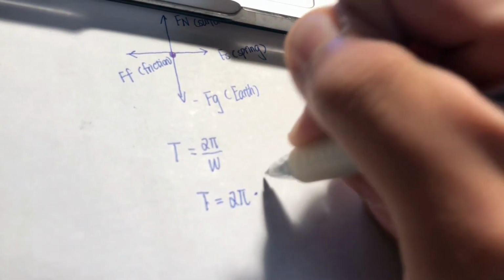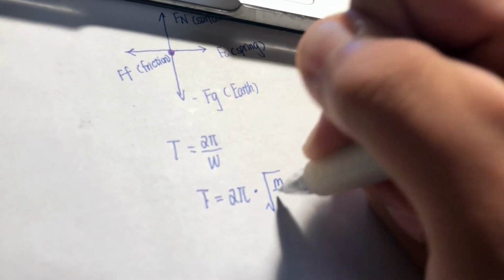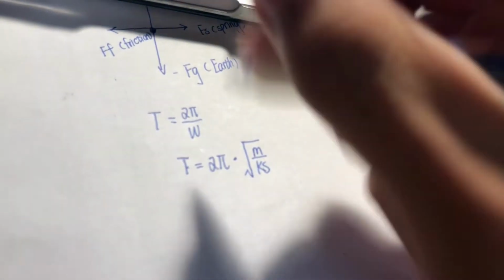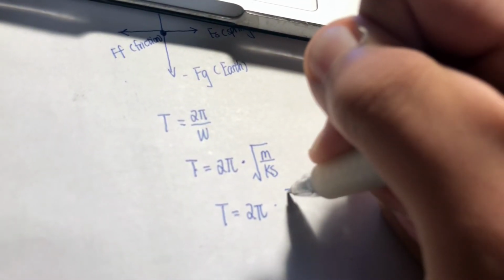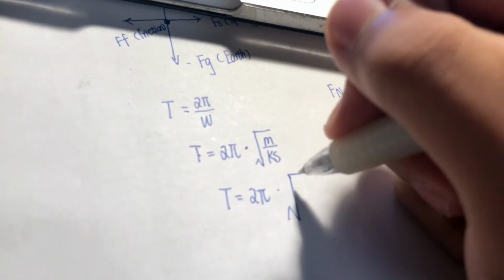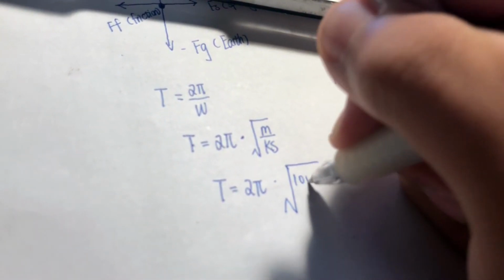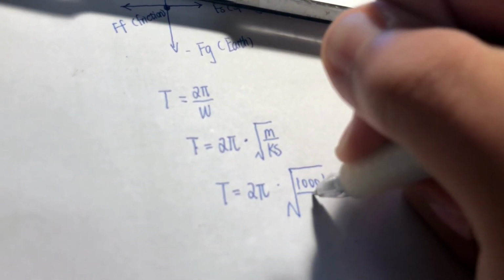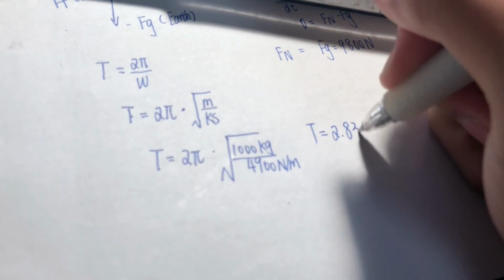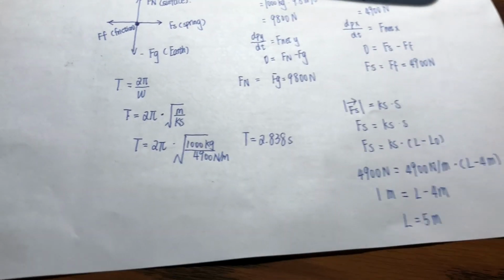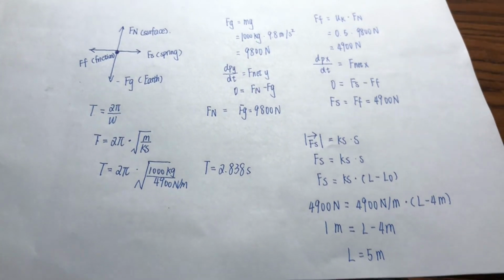And then we may change this expression to 2π times the square root of m over ks. And we just plug in the numbers: 2π times the square root of 1000 kilograms over 4900 newtons per meter, and T equals 2.838 seconds. And this is the answer we got for the question number 4.